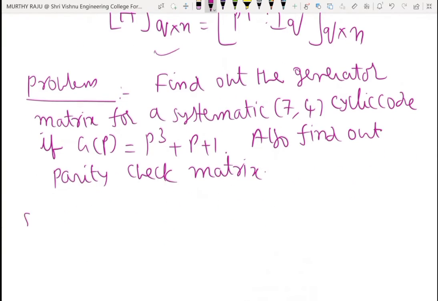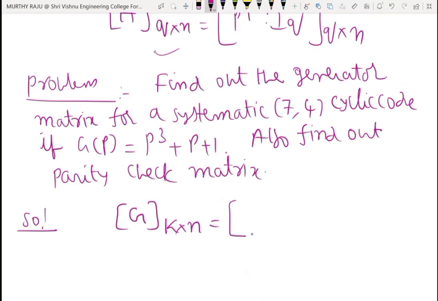Solution. Generator matrix order is K cross N. Parity check matrix order is Q cross N. Generator matrix will be designed with the help of row polynomials. First of all, write down the generator matrix here. K rows and N columns.